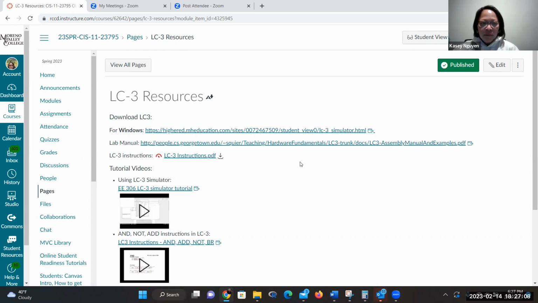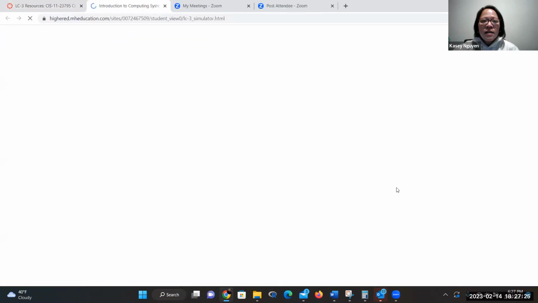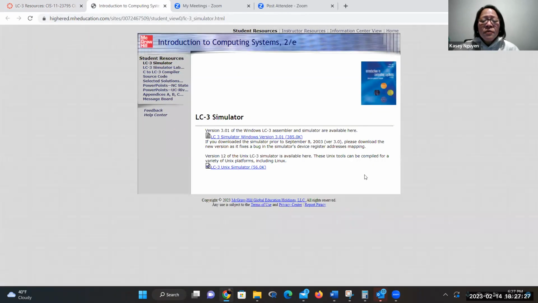And if you have a Windows PC, you can download your simulator using this link. It's a very light download. So once you download, you have an executable. Let me show you how that is, and I will go over this again starting next week.